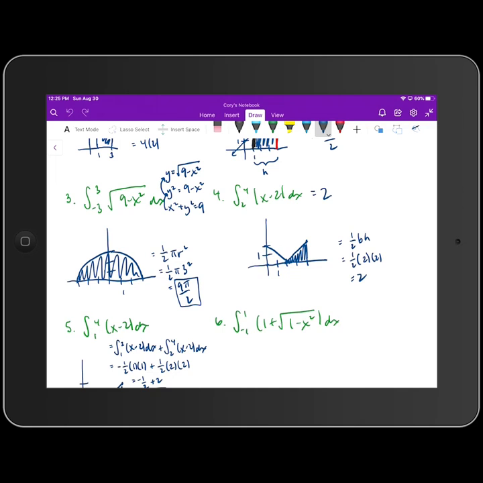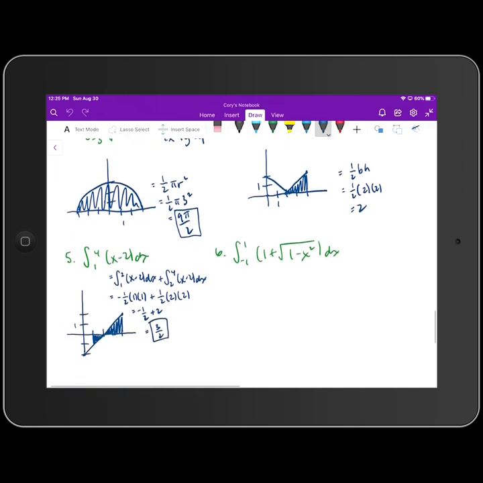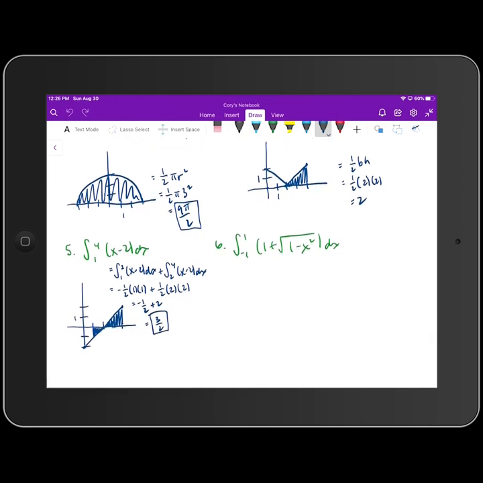But then we're adding 1 to the function, which is going to shift that graph up 1 unit. Okay, so what we have graphically here is a semicircle, the top half of a circle with radius 1 shifted up 1 unit.